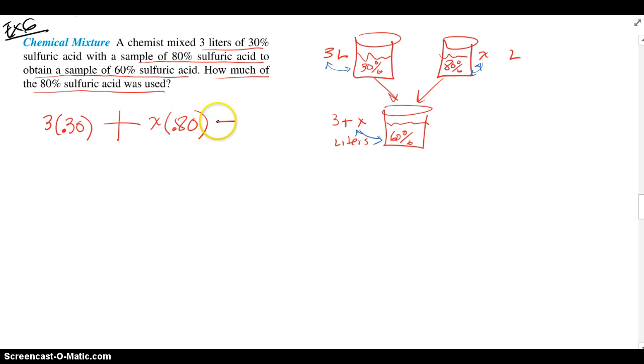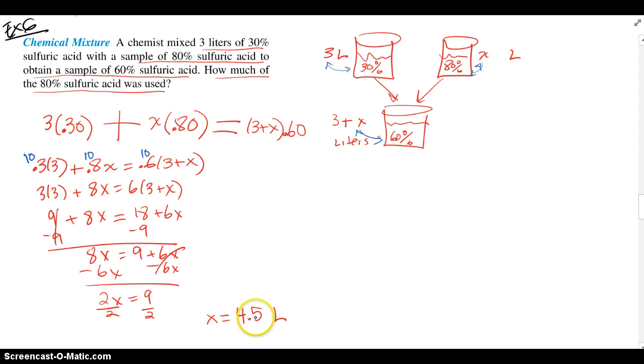And when I mix those two, I get 3 plus X liters at 60%. So the pure liters of the sulfuric acid is 30% of 3, plus 80% of X, equals 60% of 3 plus X, the combined liters. And then I go ahead and solve this equation.